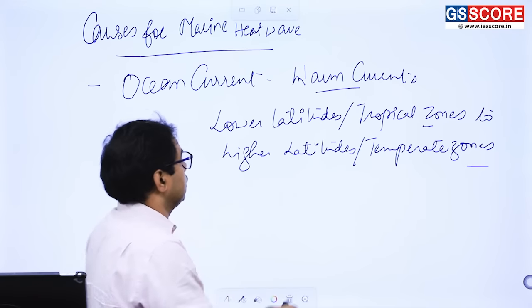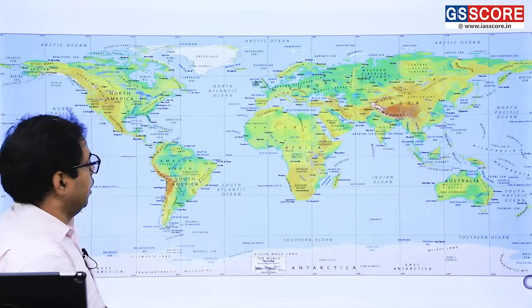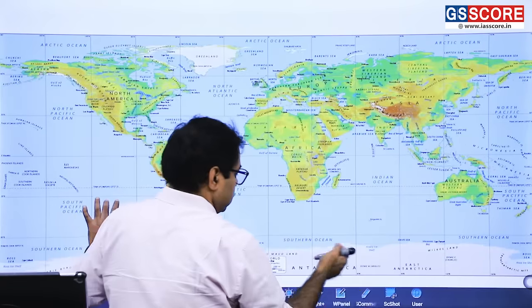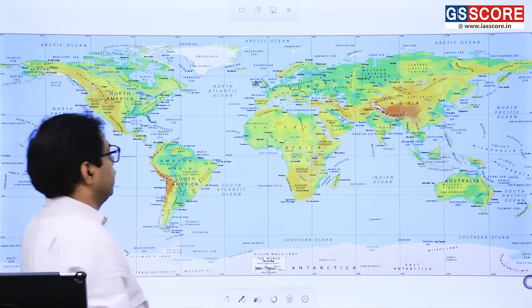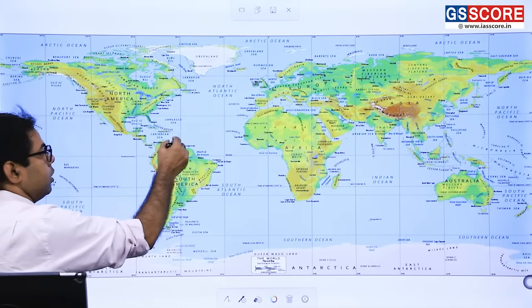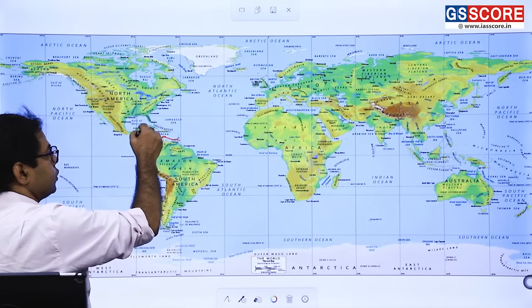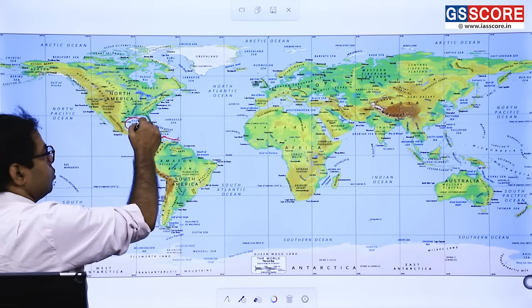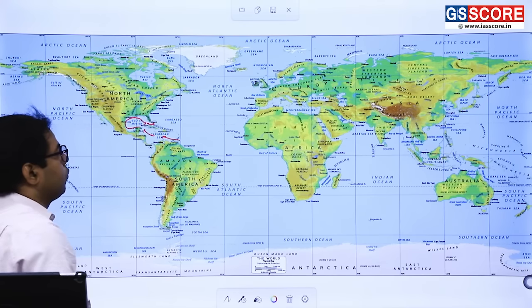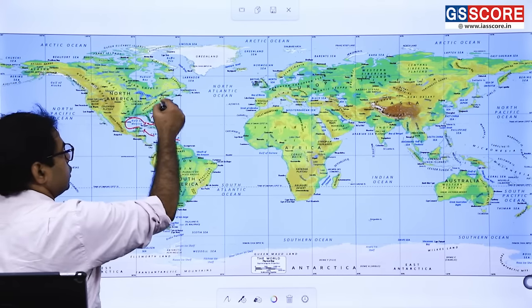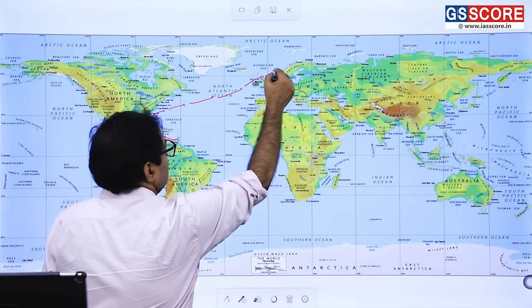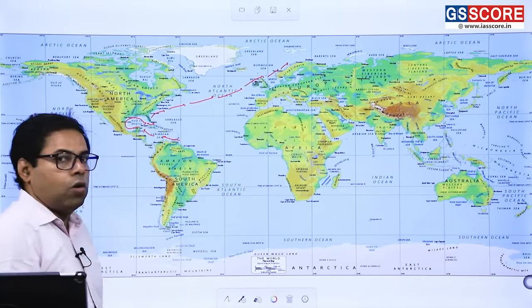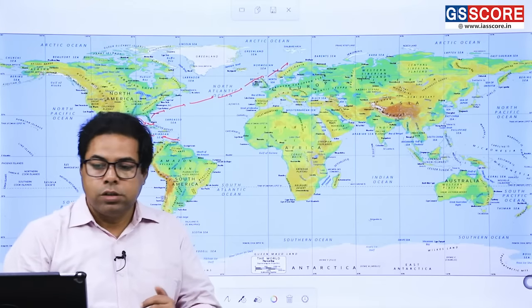If you see this on the map, the most prominent current observed in the oceans is the Gulf Stream. The Gulf Stream blows along the coast of the Gulf of Mexico, USA, and then reaches the Norwegian coast as the Norwegian current.